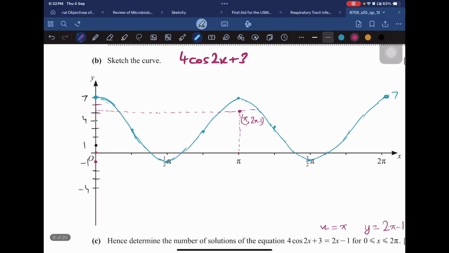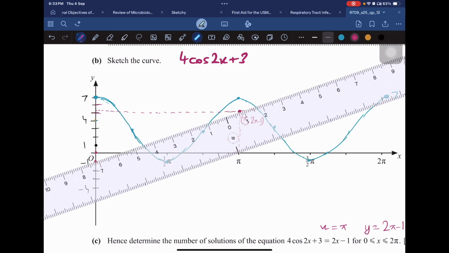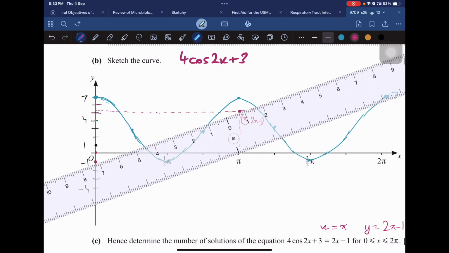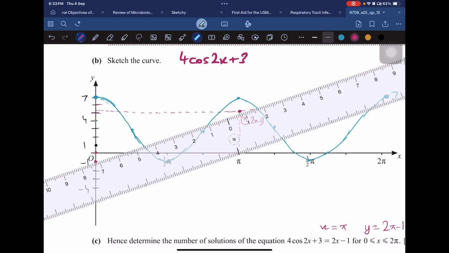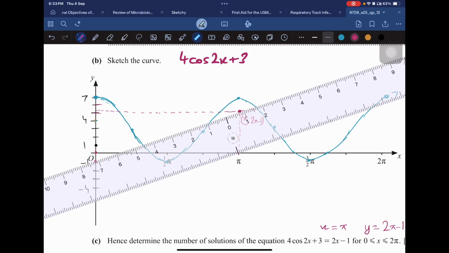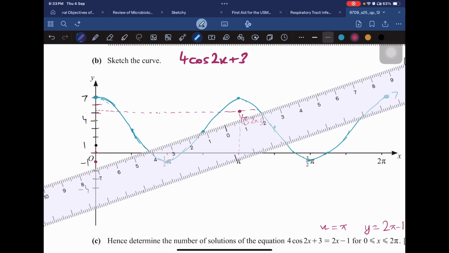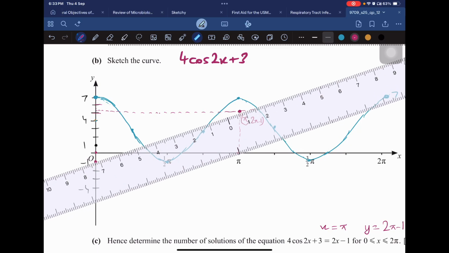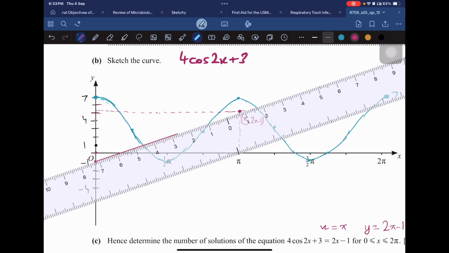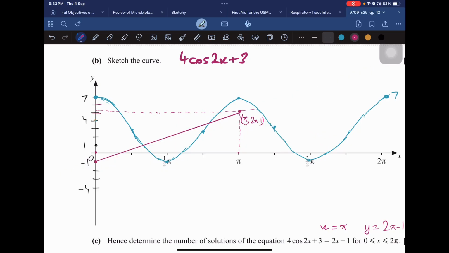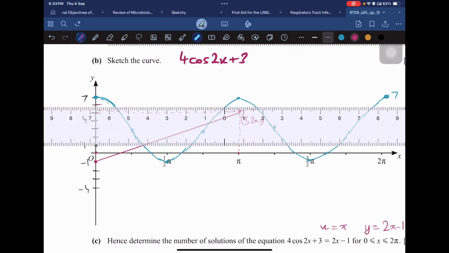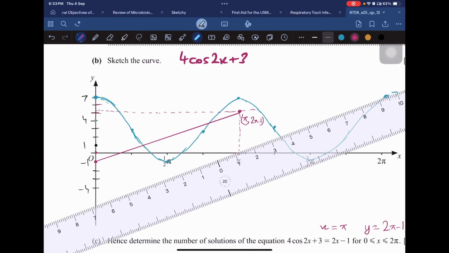Now if I draw the line, okay, and we can stretch the line forward.